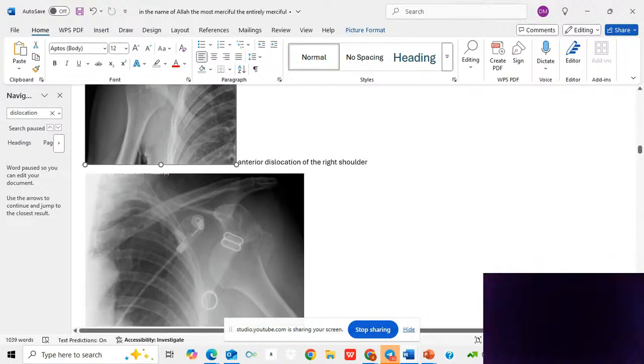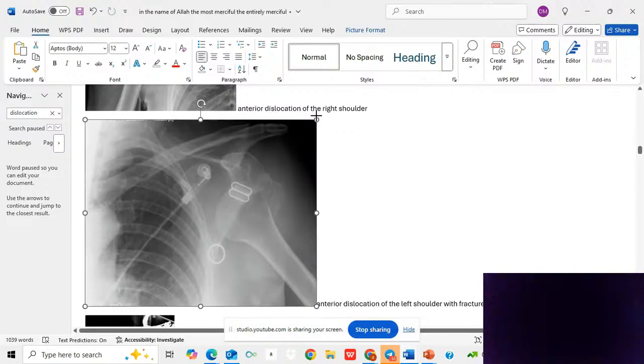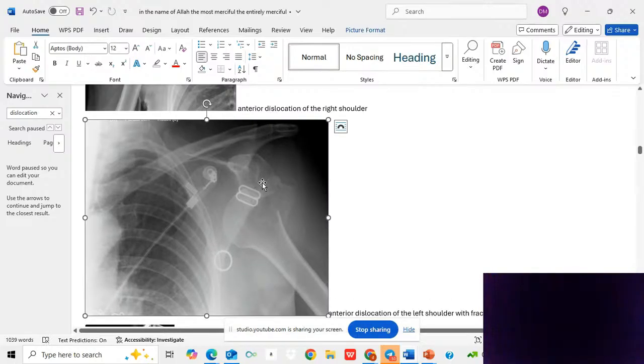Here is another example of anterior shoulder dislocation, but here it is associated with a greater tuberosity fracture.